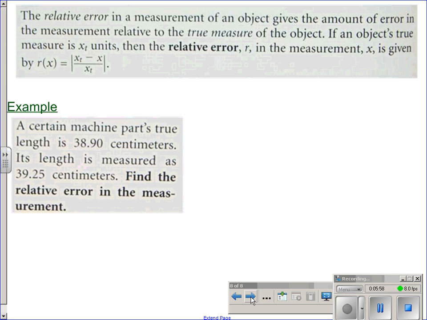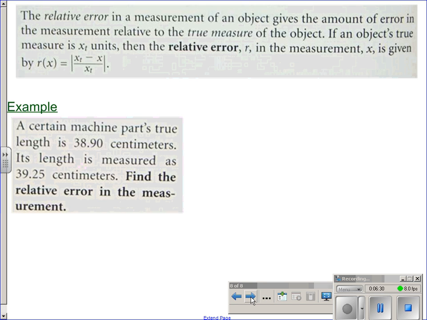All right, the last thing here, copy down this top box of information here. It's a thing called a relative error. When we talked about absolute value last time, we had a couple of problems where you had a certain measurement and you wanted to know what were some allowed values so that the actual measurement was within 0.04 of what it's supposed to be.